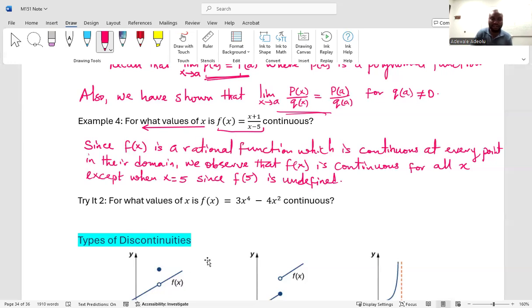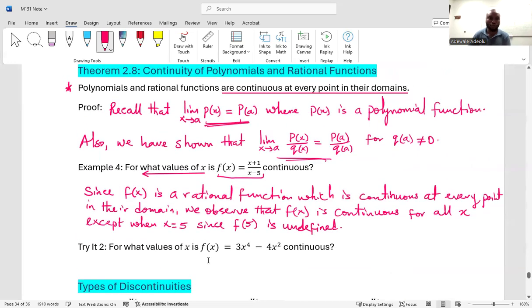So that is the direct application of what we proved here. If it is a polynomial function, it will be continuous at every point of x that is in the domain. And remember, for a polynomial function, the domain is from negative infinity to positive infinity.